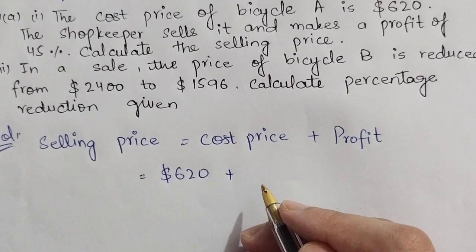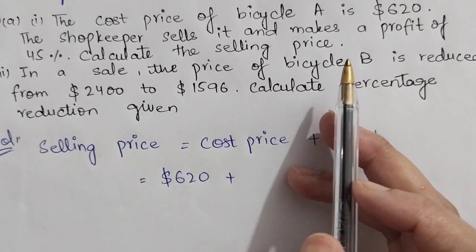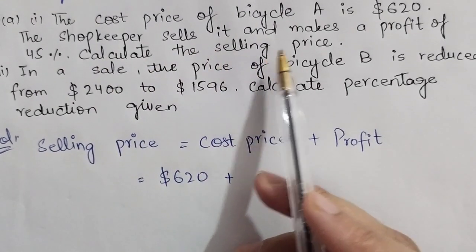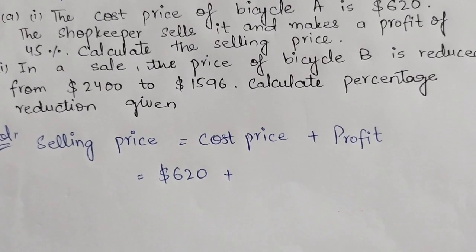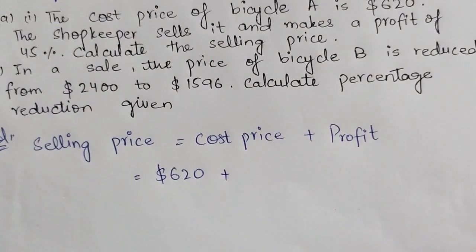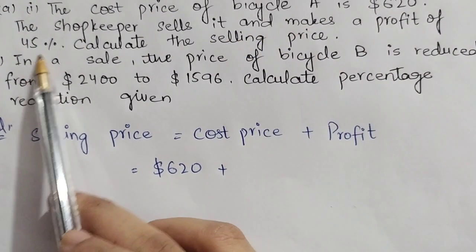How can you find the profit? It is given in the question. The shopkeeper sells the bicycle and makes a profit of 45%.